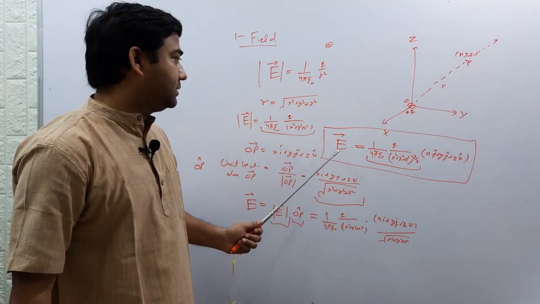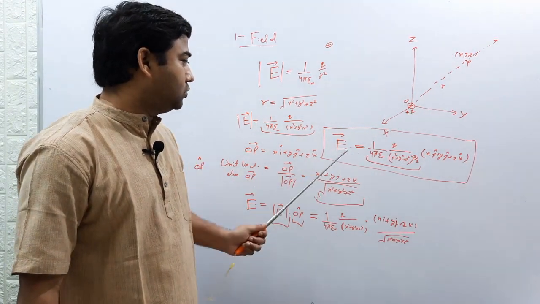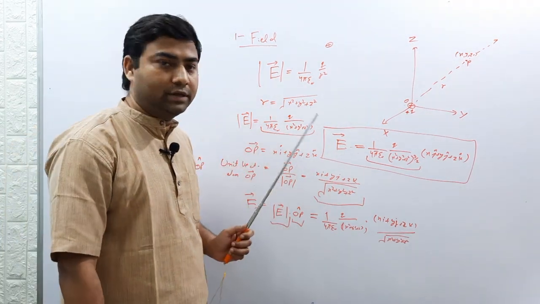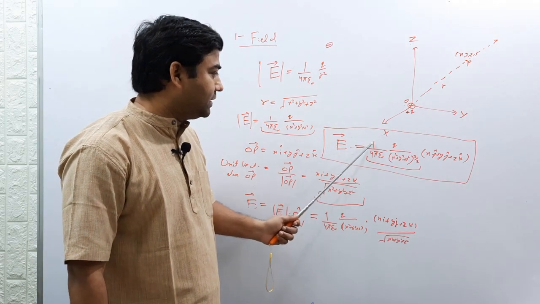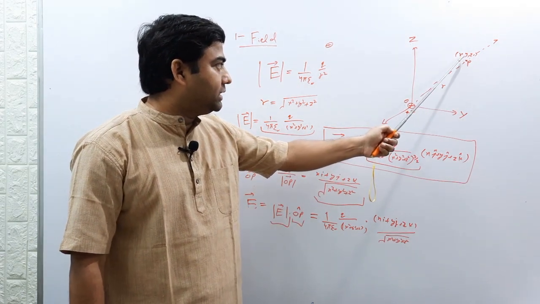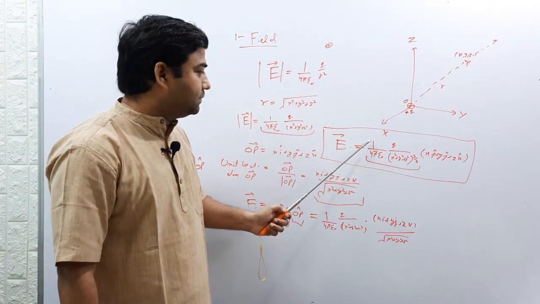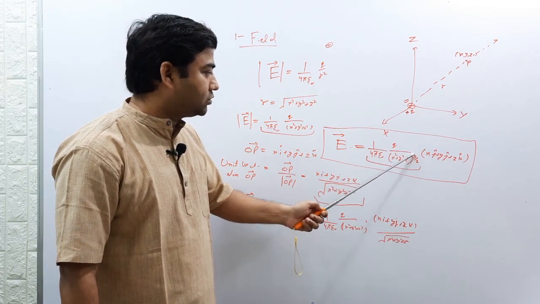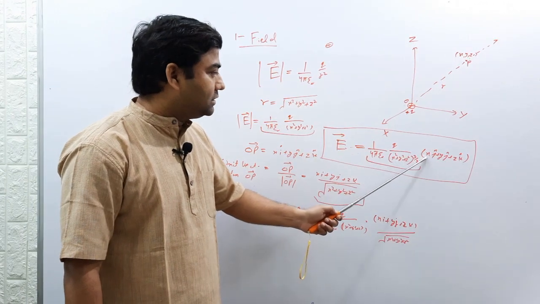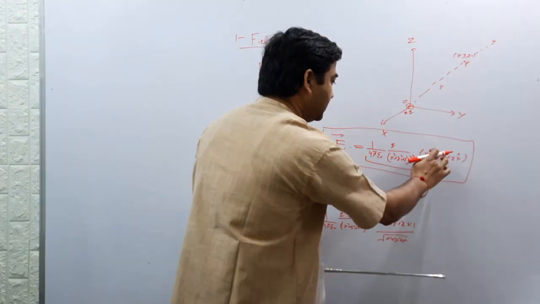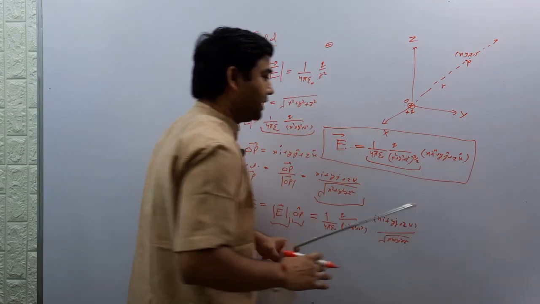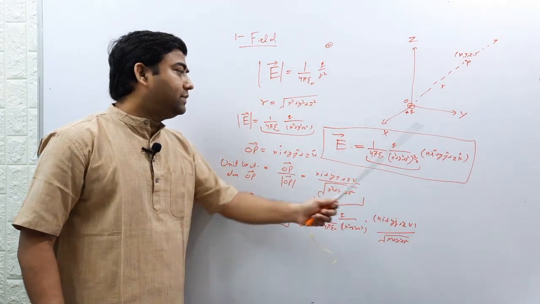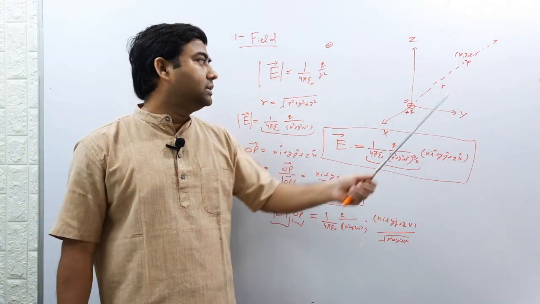This vector field due to the point source plus q is what we call, in general language, the electric field. It is represented at the general point x comma y comma z as 1 by 4 pi epsilon 0 q by x square plus y square plus z square power 3 by 2 times xi plus yj plus zk. That is the way we represent the electric field in three-dimensional space.